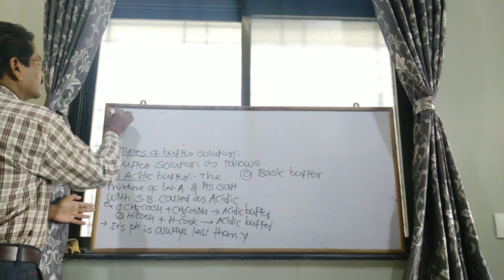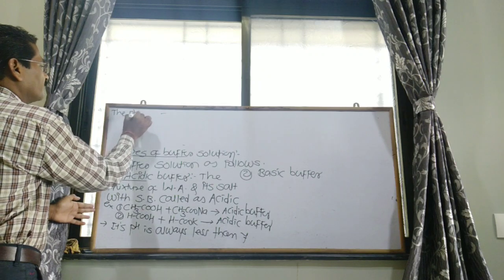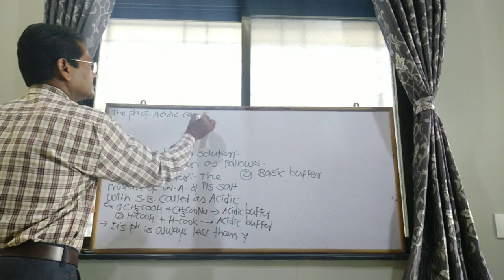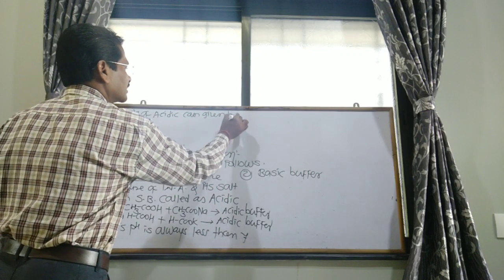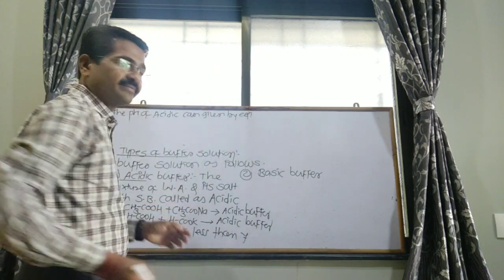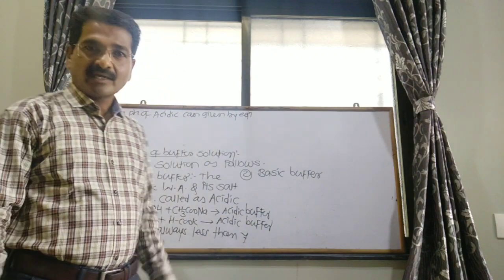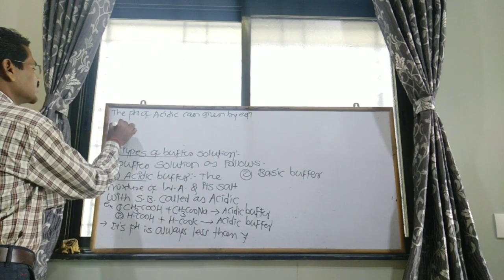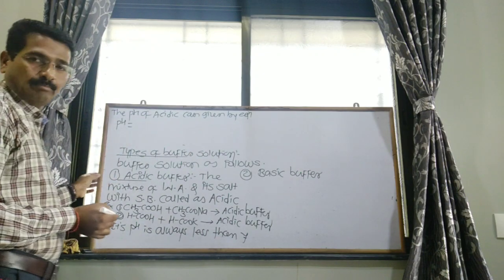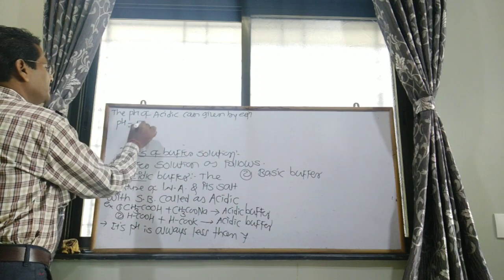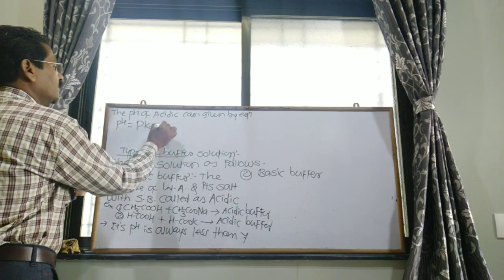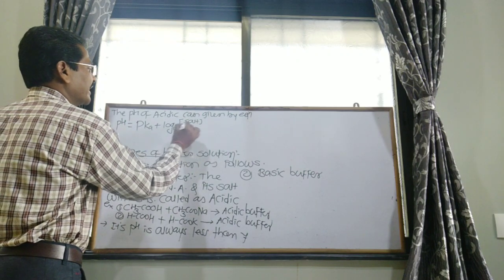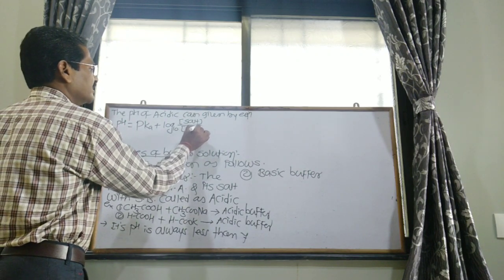Then the pH of acidic buffer can be calculated by the given equation. How to calculate? pH is equal to pKa plus log to the base 10 concentration of salt divided by concentration of acid.